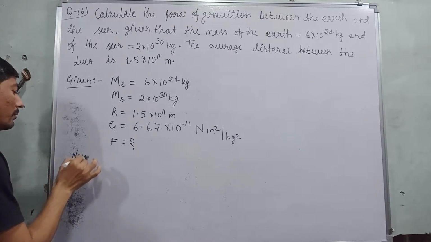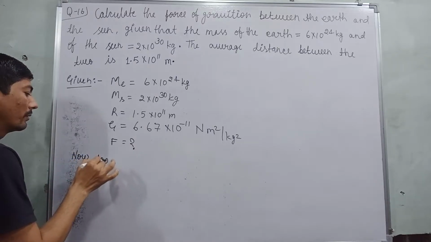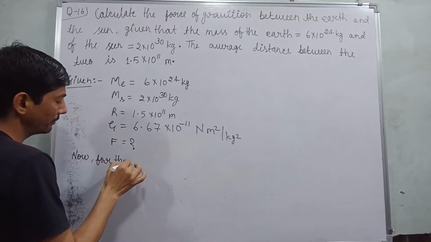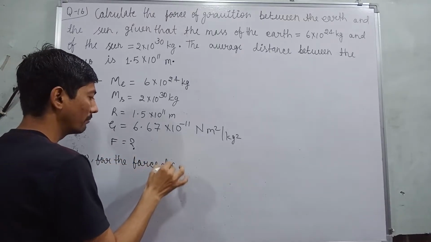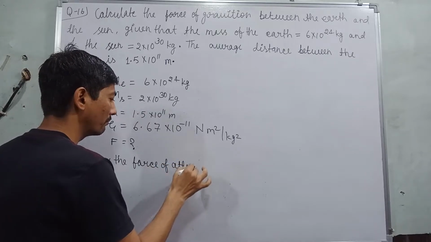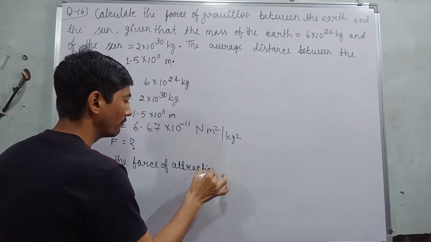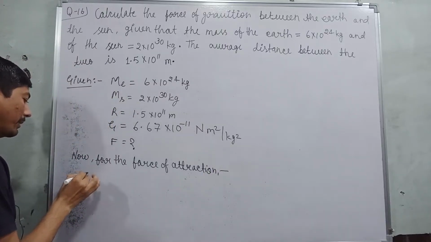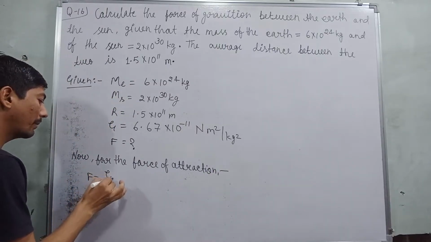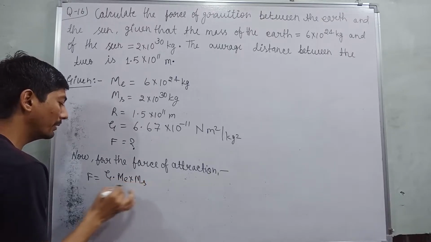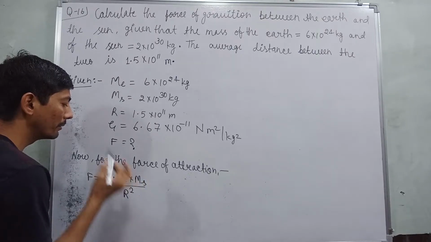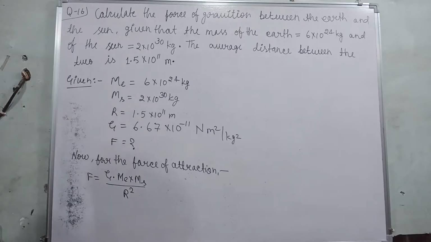Now, for the force of attraction, capital F is equal to capital G into mass of earth into mass of sun over the distance between them whole square, means R whole square.